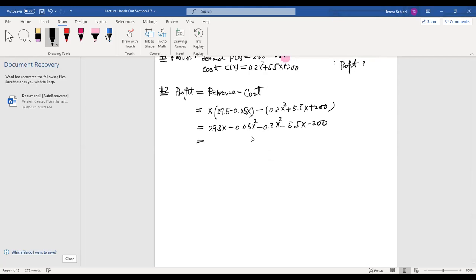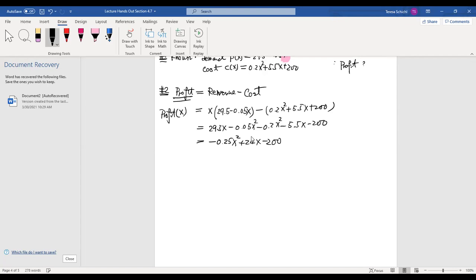The X squared terms give you negative 0.25X squared, and then plus 29.5 minus 5.5, which is 24X, minus 200. I want to maximize my profit, so this is my profit.